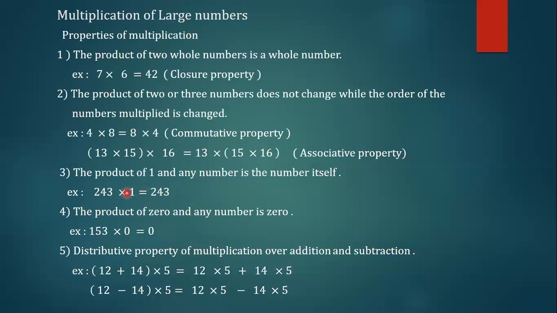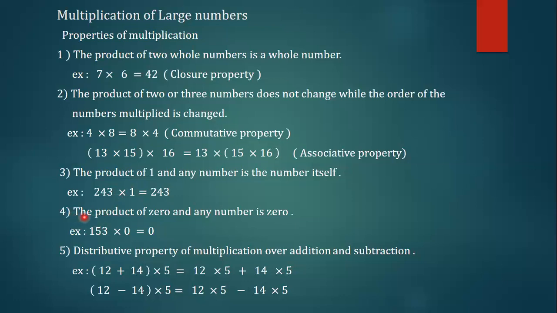So 1 here is called multiplicative identity, because the product remains the number itself. One more example, 45 into 1 is equal to 45. The product will be the number itself.